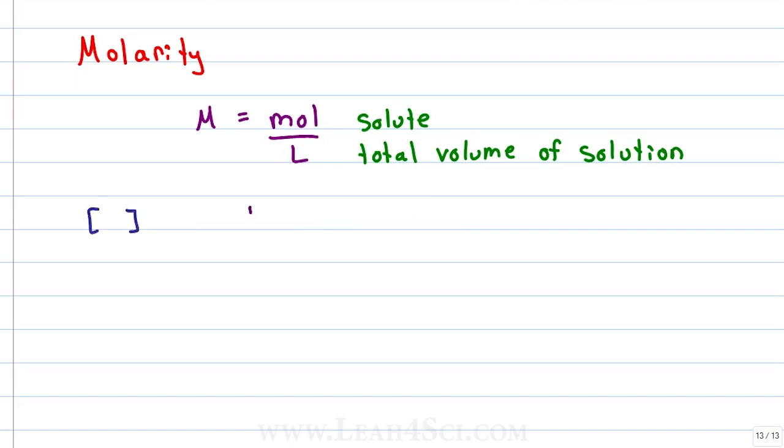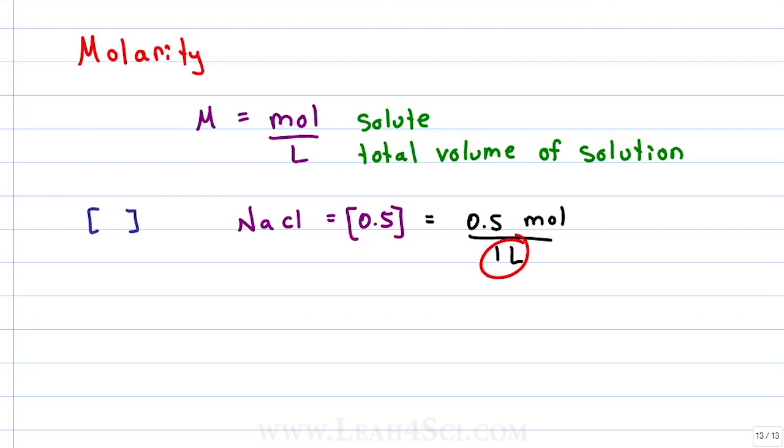For example, if you're told that an NaCl solution is equal to 0.5 molar, where molar tells us the molarity of this NaCl solution, we have 0.5 in brackets, which is equal to moles per liter. That's 0.5 moles of NaCl per 1 liter of solution, where the 0.5 represents the moles and the 1 liter is self-understood as the ratio between the moles and the volume.